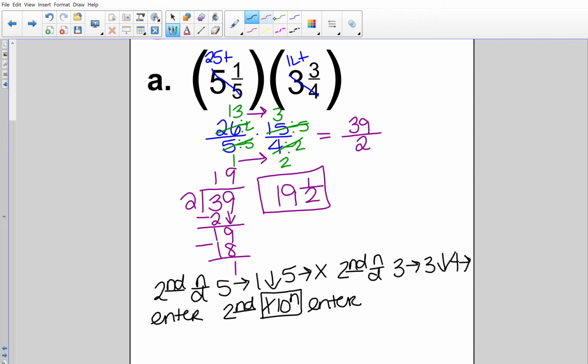If I'm using the ABC calculator, it'd be 5, A B/C, 1, A B/C, 5, then our sign, here multiplication, 3, A B/C, 3, A B/C, 4, and if you just press enter, it likes that format, 19 and 1/2.